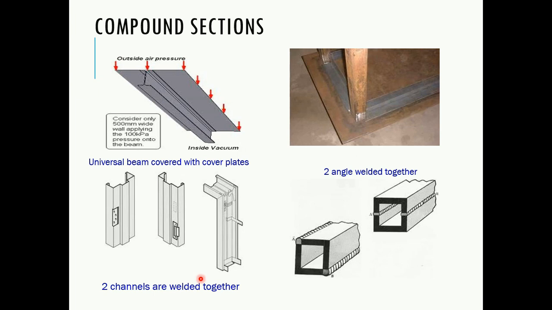Some examples of compound section: this one is a universal beam covered with cover plate, an I beam with a cover plate on top of it. And this one is two channels welded together to form a higher strength member.